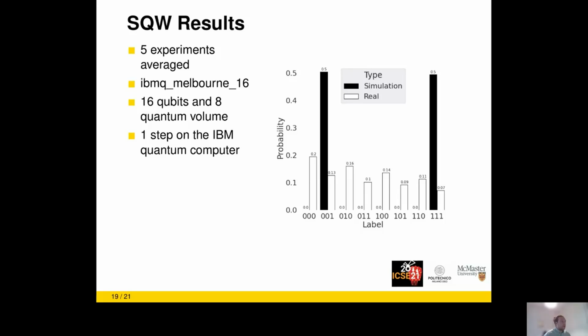Again, we performed 1 step on the IBM quantum computer, and here we have the labels on the x-axis and the probability to find the walker in a given node on the y-axis. In the simulation, we have a 0.5 probability to find the walker in node 1 or 7 on the next step.